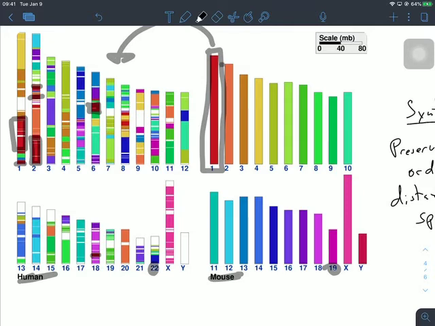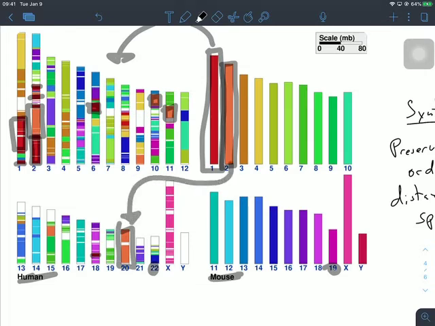We again see a large block of chromosome 2 in orange, and chromosome 2 in humans does have some orange, but the rest of the orange is dispersed across other chromosomes. In fact, chromosome 20 seems to be a whole piece of chromosome 2 that's just maintained on its own. So in this way, we can piece together the history of chromosomes by looking at gene order across distantly related individuals, or distantly related species.